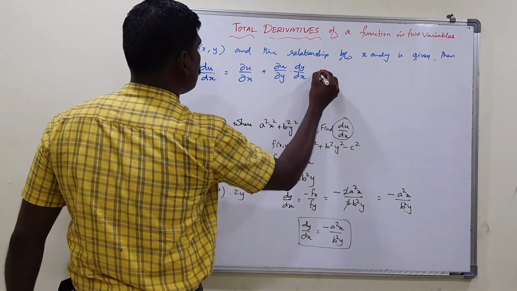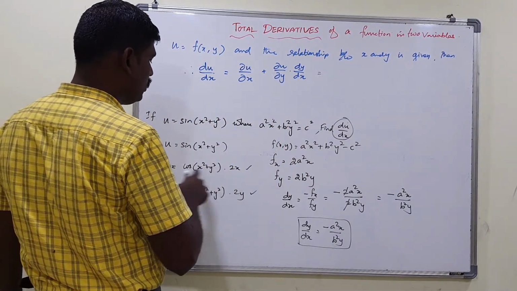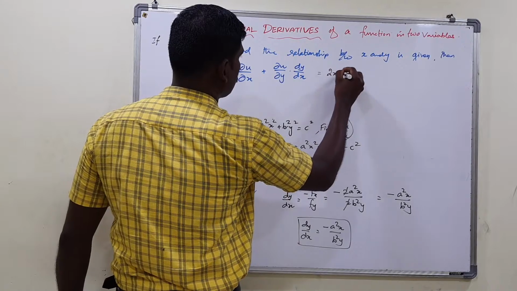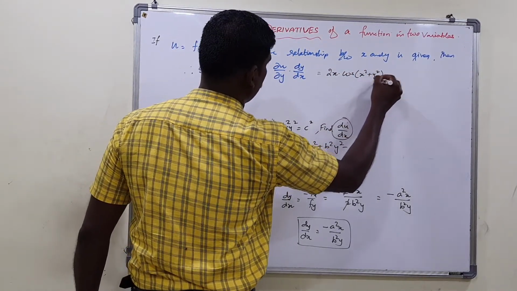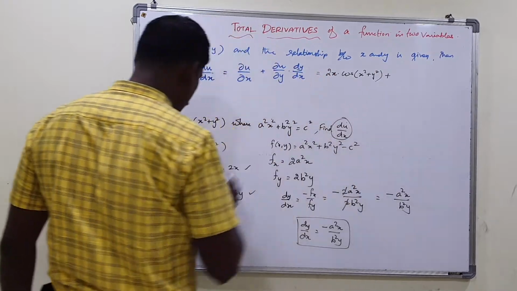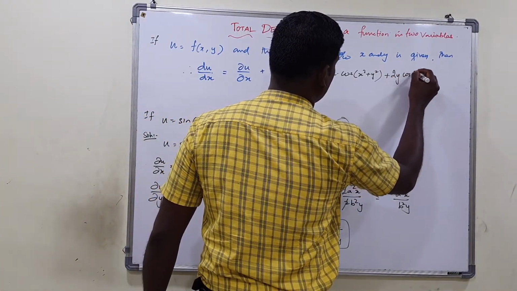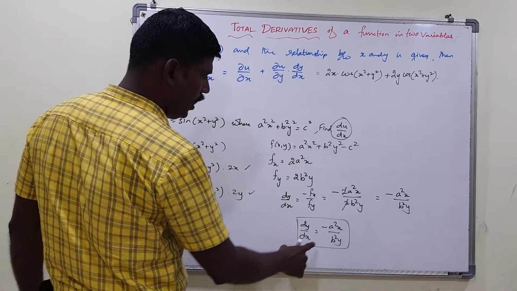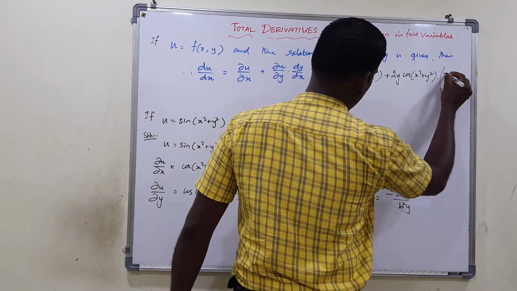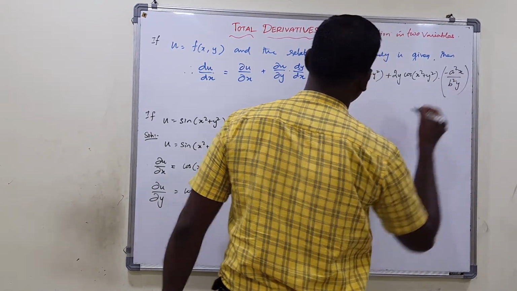So that is equal to 2x cos of x square plus y square plus 2y cos of x square plus y square into dy by dx, which is minus a square x by b square y.